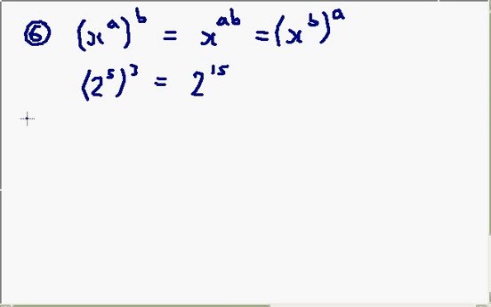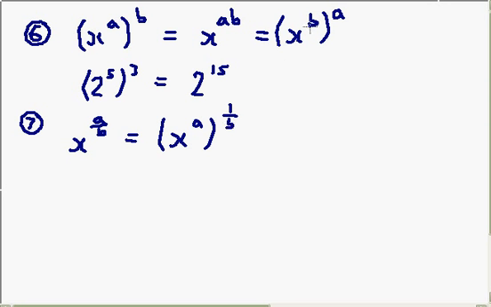Next up, I think this is the last one, number 7. If you're looking at x to the a over b, we've already looked at a fraction, but this is going to be slightly different, just so we're really combining two laws here. First off, you can have that as x to the a all to the 1 over b.